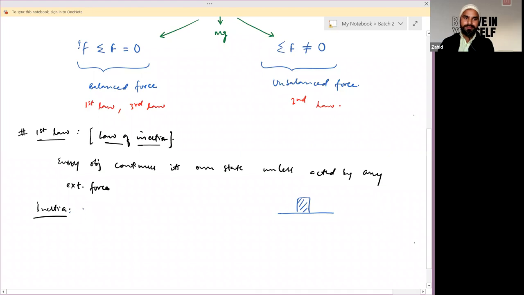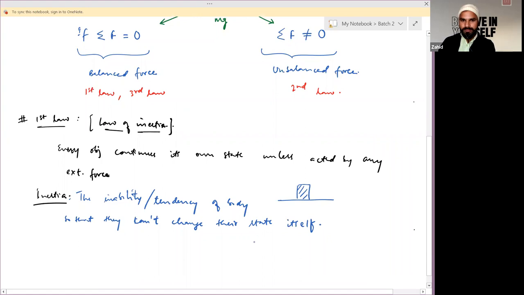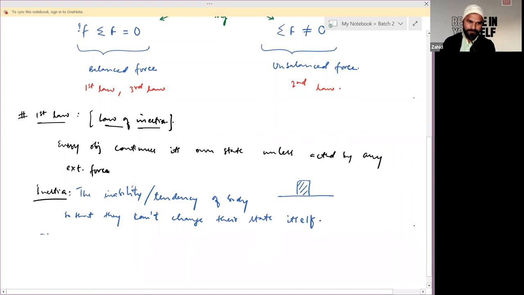So inertia is nothing but the inability or tendency of a body so that they can't change their state itself, and it will depend upon mass of body.